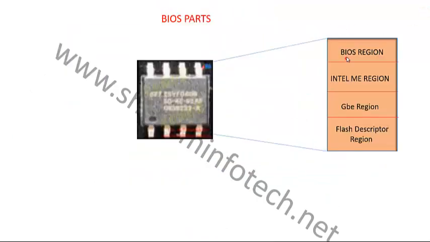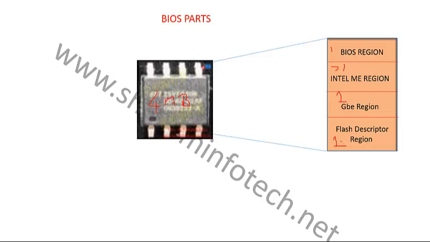Part number 1 is the BIOS region, then the Intel ME region, then the GB region, and then the flash descriptor region. It's like 4 compartments: BIOS region 1 MB, Intel ME region 1 MB, GB region 1 MB, and flash descriptor 1 MB.